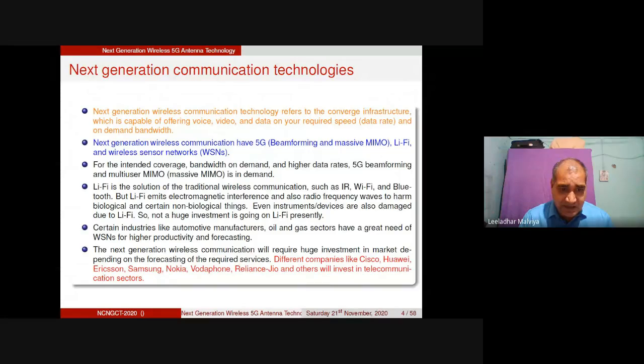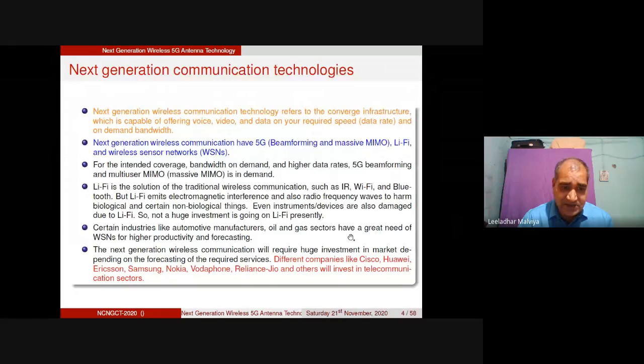Li-Fi is a very good technology, but very limited investment has been made in it. Still, the problems can be solved and Li-Fi can take the place of the traditional communication system.